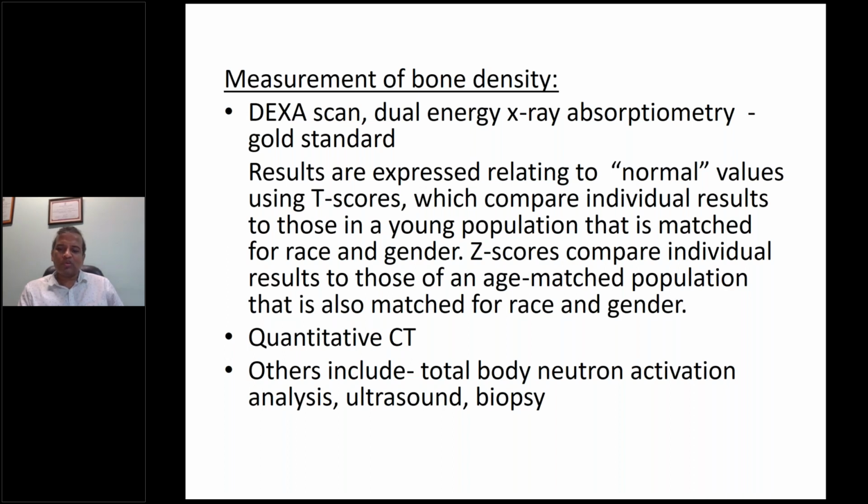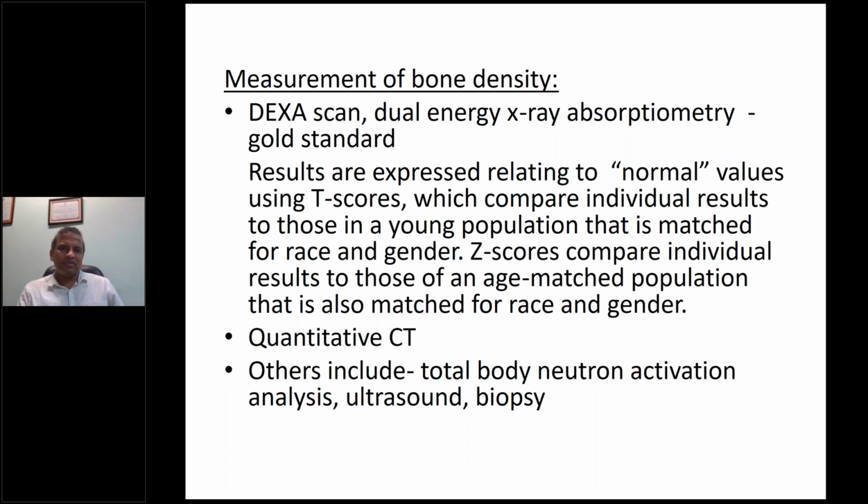So the Z score is more specific, whereas the T score is taken as the definition in WHO. Quantitative CT can be a higher investigation beyond DEXA, which is rarely used. Then body neutron activation analysis, ultrasound, and biopsy are scarcely used in clinical settings.